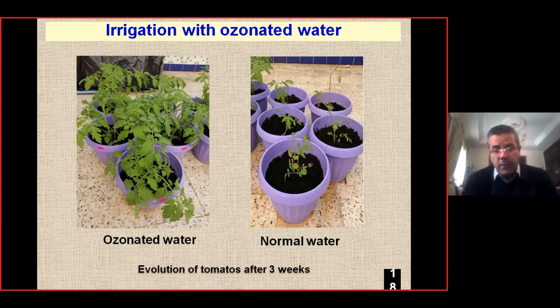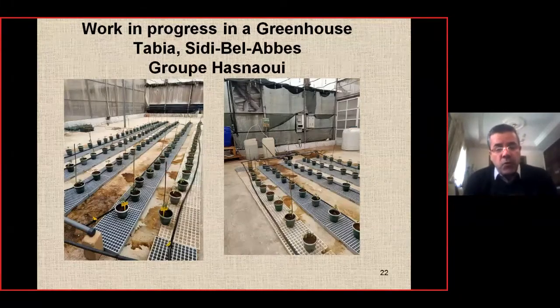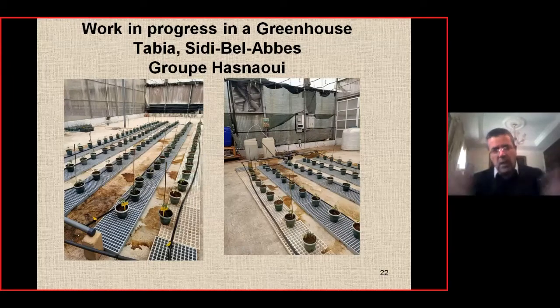It was really very satisfactory to see that the ones irrigated with ozonated water developed really well. The evolution was very fast, and we got more tomatoes. This was proposed to an industrial agricultural group here in Sidi Bel Abbas, in Algeria, Group Hasnawi, and now this technique is in progress in a greenhouse in Sidi Bel Abbas to test this irrigation with ozonated water on a large scale.